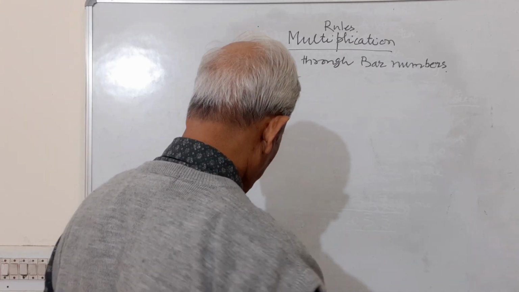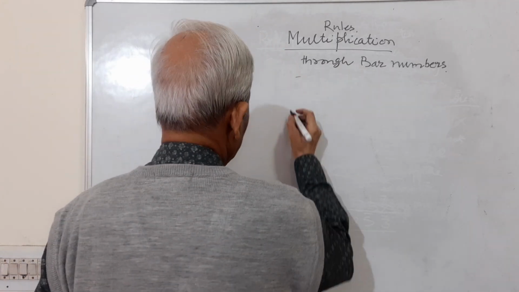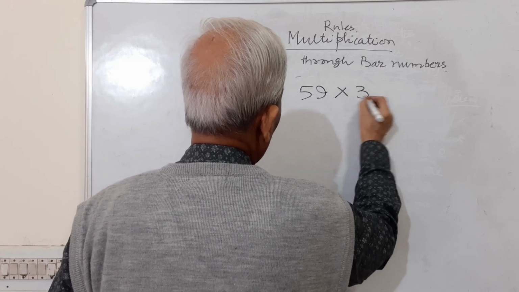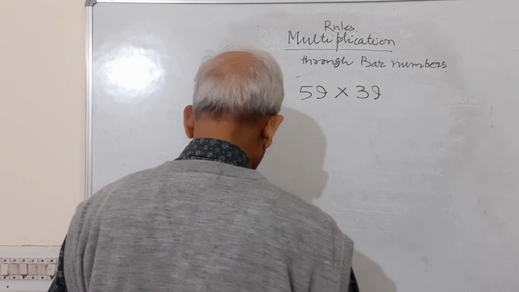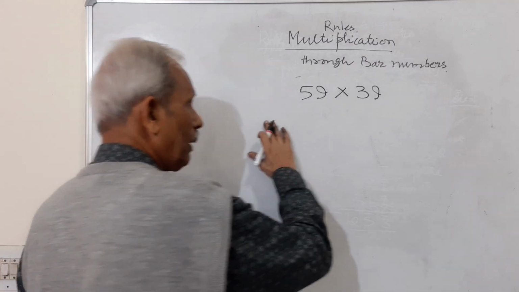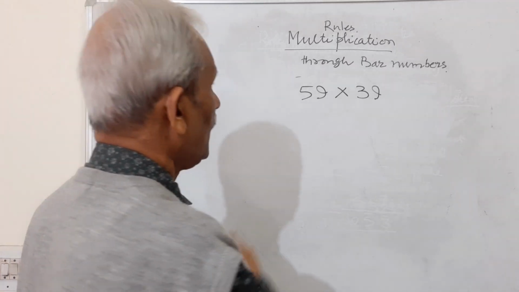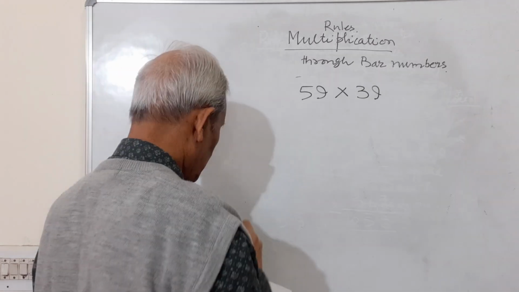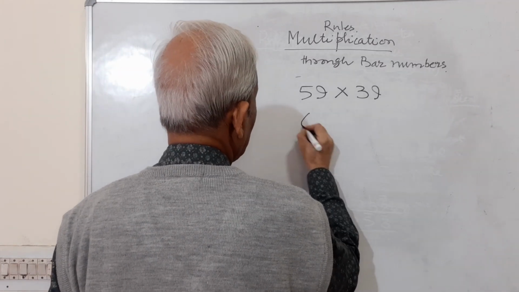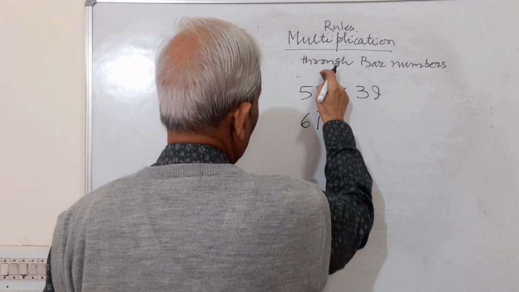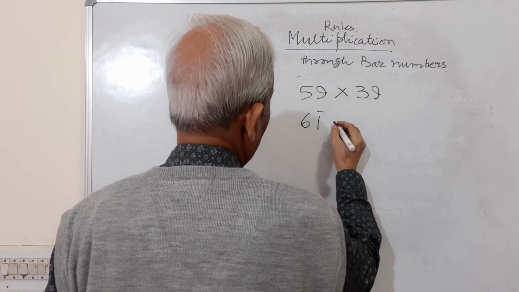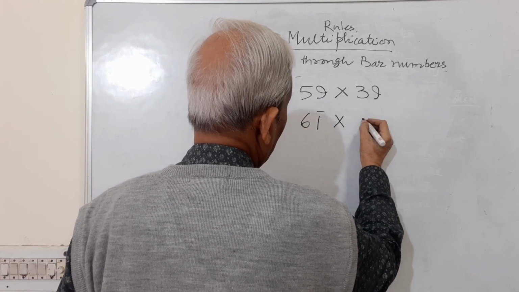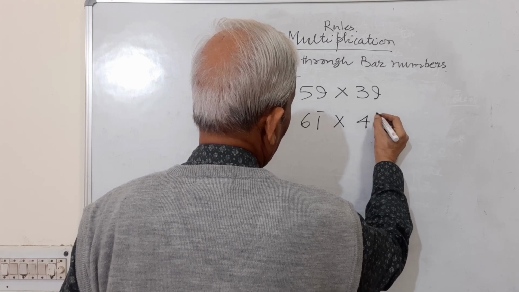Let us do 59 into 39. Here I am vinculating both the numbers, because this is bigger and this is also bigger. Vinculating 59 becomes 6 1 bar, and 39 becomes 4 1 bar.